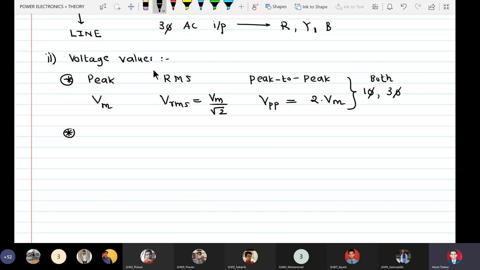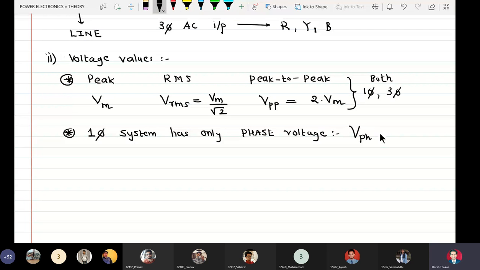Second important thing is that a single phase system has only phase voltage, V phase, and understand that this phase voltage is also expressed in RMS value.